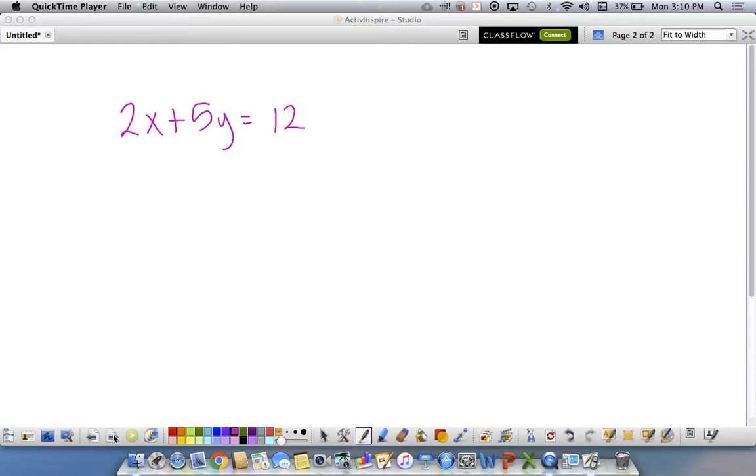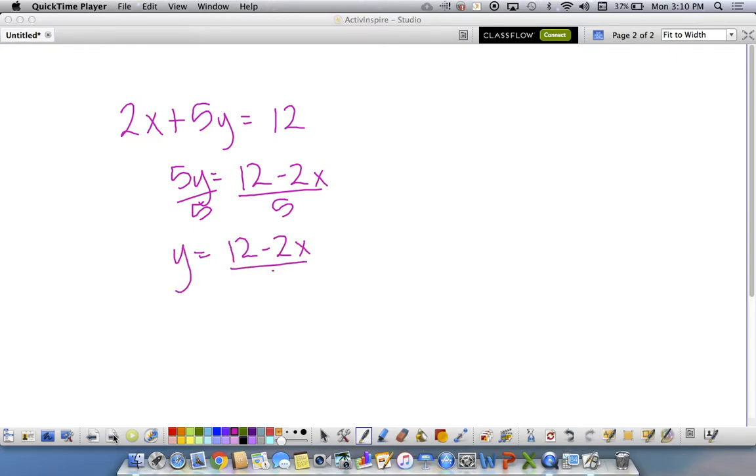We could subtract 2x, so we would have 5y equals 12 minus 2x, and then we could divide by 5. Very simple problem to find y by itself. Not a hard one, okay? And then we can find the derivative of this, or the differential of this. Not a big deal, okay?